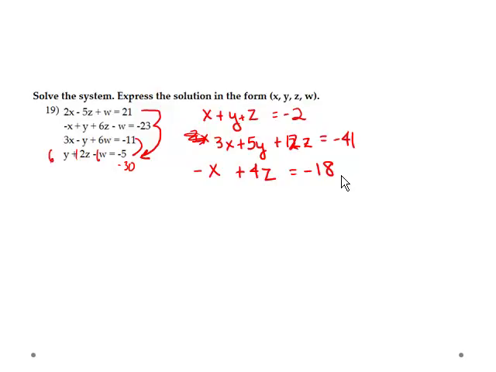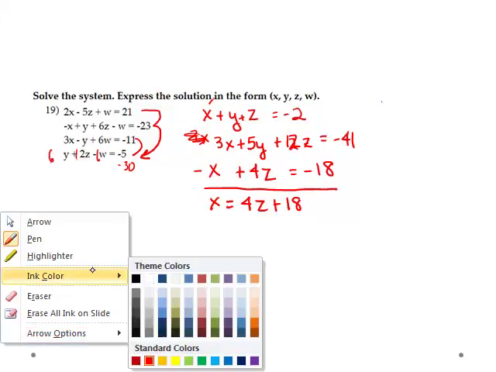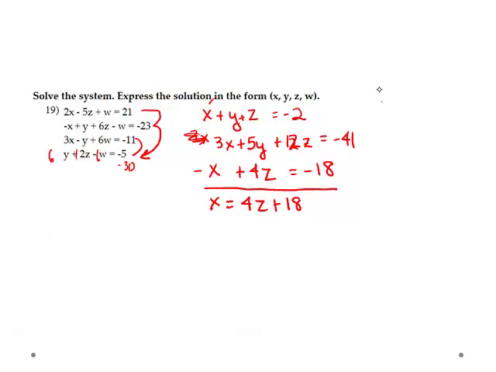We can substitute in for x using this equation. x equals 4z plus 18, and substitute that into the first equation. We have 4z plus 18 plus y plus z equals negative 2.